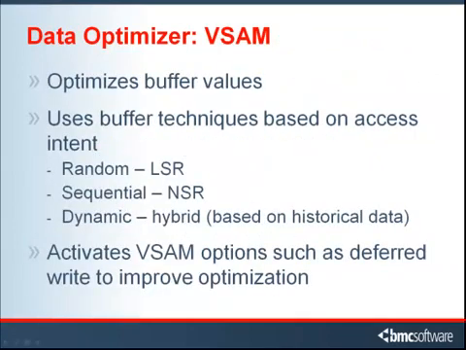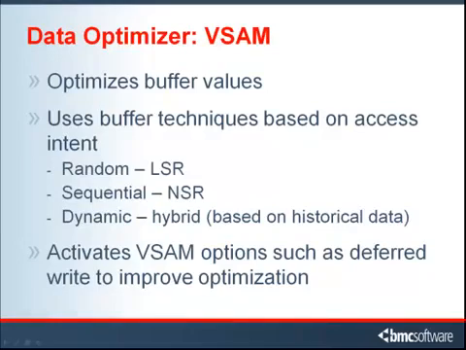The Data Optimizer exploits VSAM options like deferred write and VSAM load mode processing to run processes more quickly and efficiently. The Data Optimizer chooses buffer values based on the access intent of the program. For example, if you open a file with random intent, the Data Optimizer establishes an LSR buffer pool and dynamically switches to LSR processing.